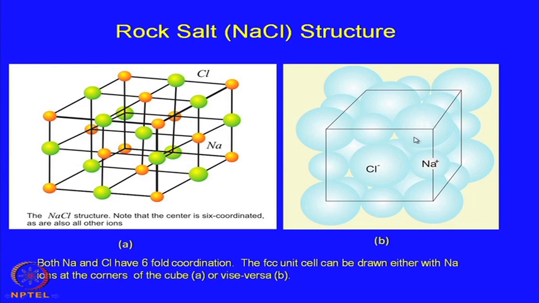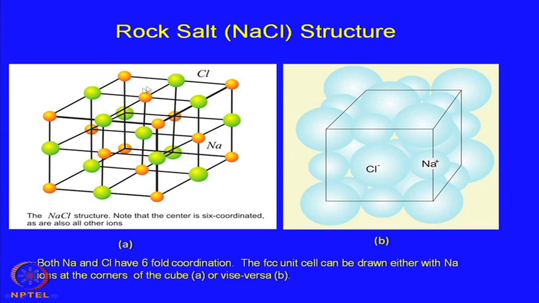We have seen earlier that these edge centers are where an octahedral site is possible, an octahedral interstitial is available, right. And you can see the sodium ions are basically at the edge centers.